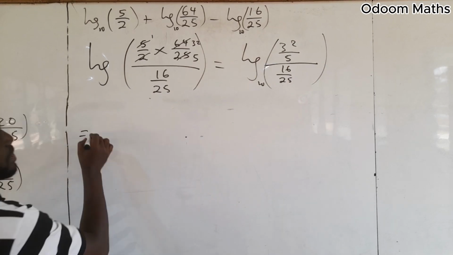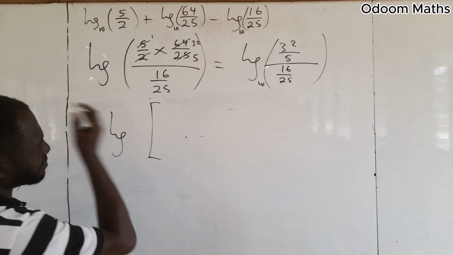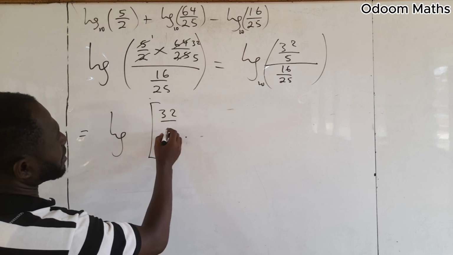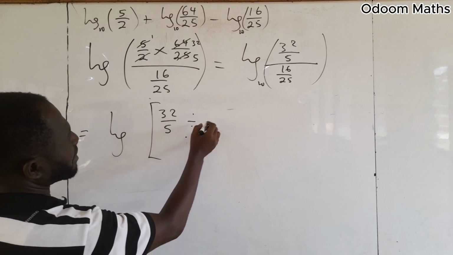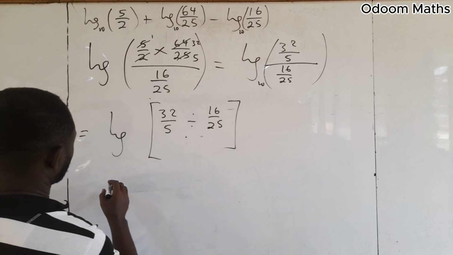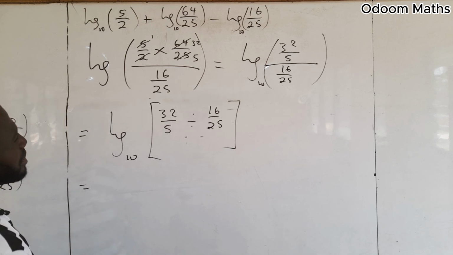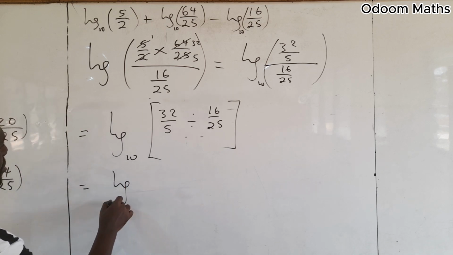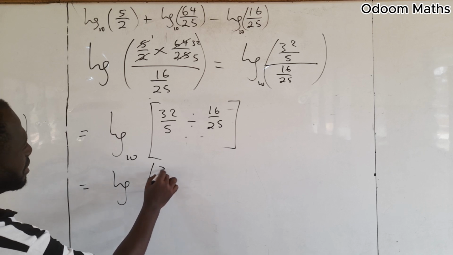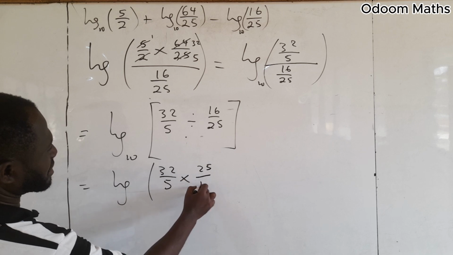Okay, so this becomes log into brackets 32/5 divided by 16/25, and they are in base 10. Here we can say that log 32/5 times 25/16.